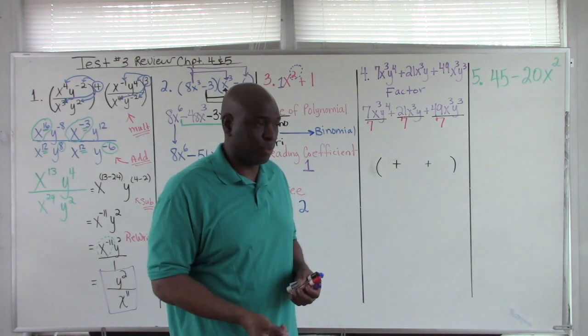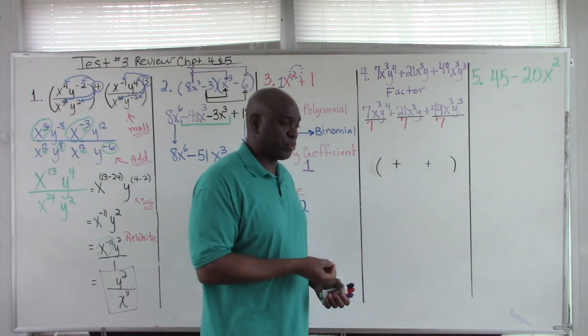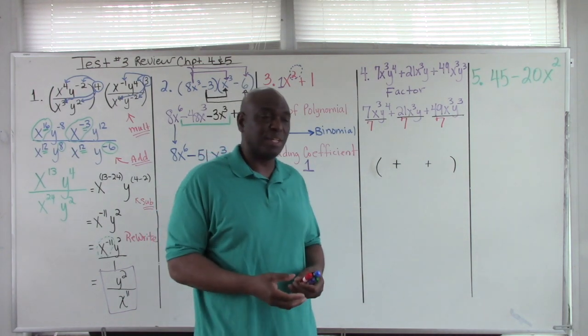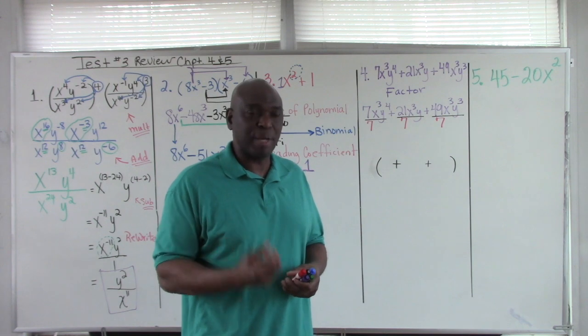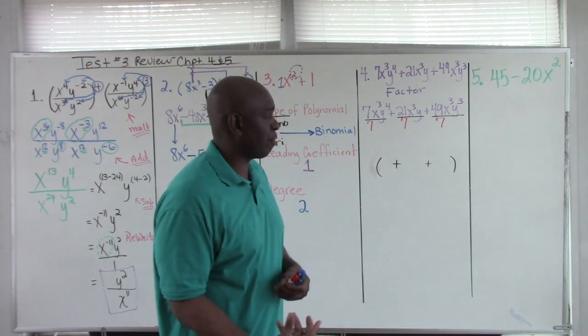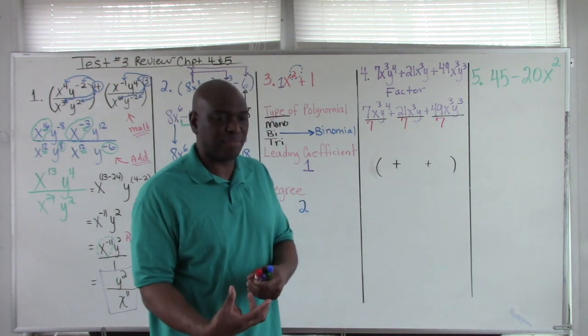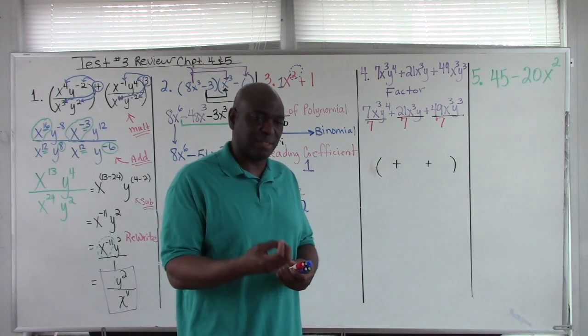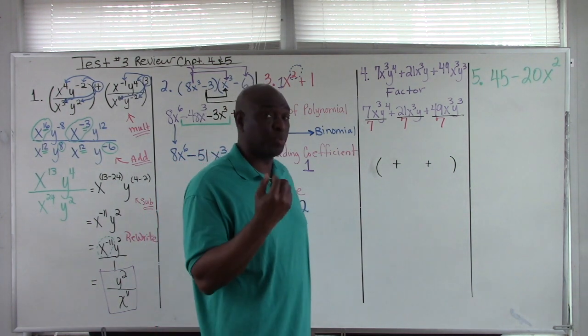Now do each variable. You want to look at all the variables and find the least power that's in each variable. That's also the greatest common factor in each variable. It's the variable that has the least amount. Not the most, but the least.